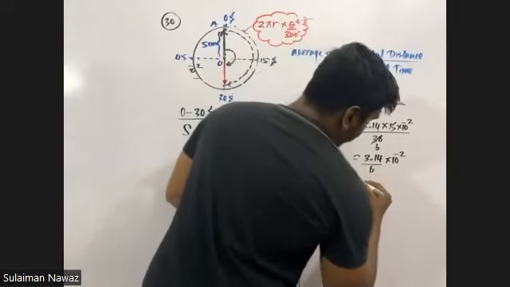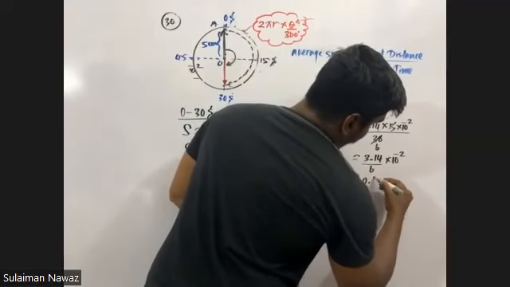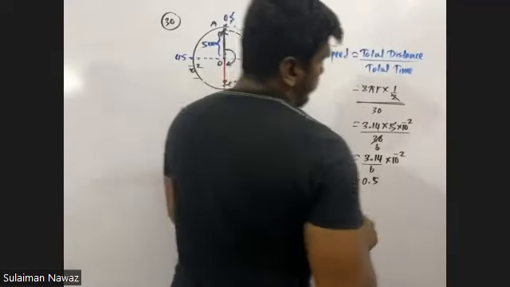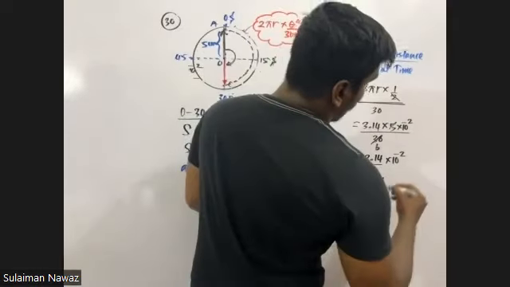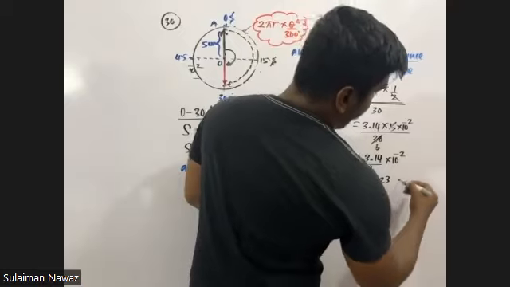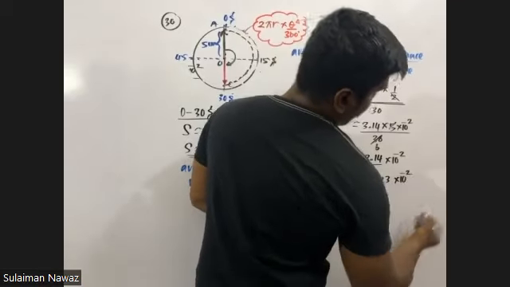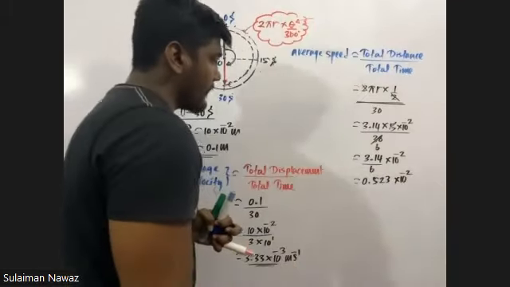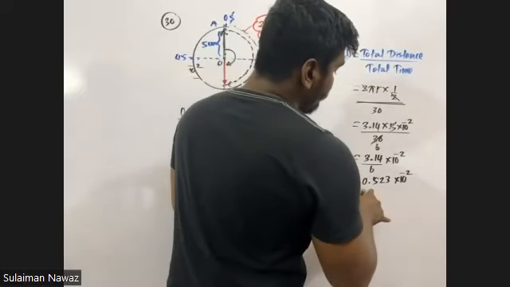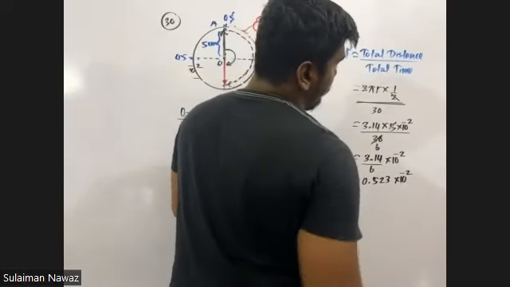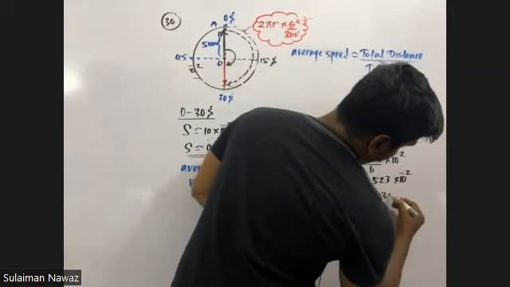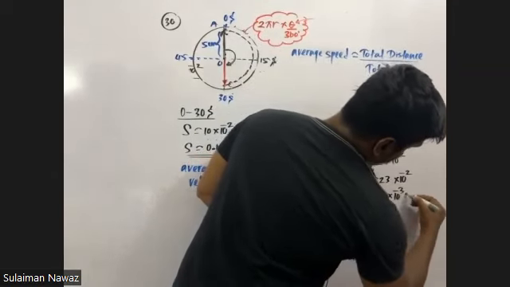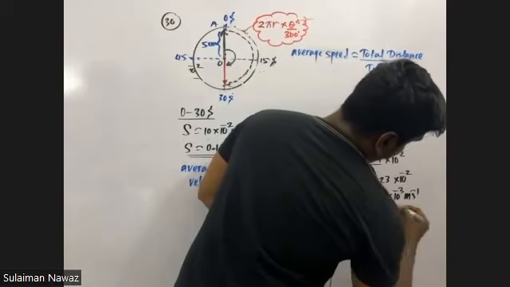Now, if I simplify this, 0.52, 523 something, into 10 to the power minus 2. Am I correct? So I will get something like this, 5.23 into 10 to the power minus 3 m/s.